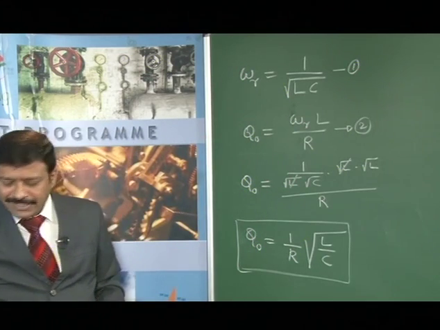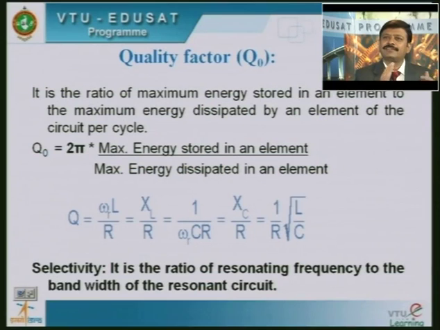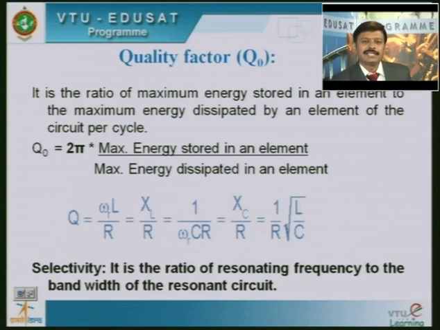Next, coming to the selectivity. Selectivity is used to discriminate desired and undesired frequencies in the circuit. By definition, it is the ratio of resonating frequency to the bandwidth of the resonant circuit.